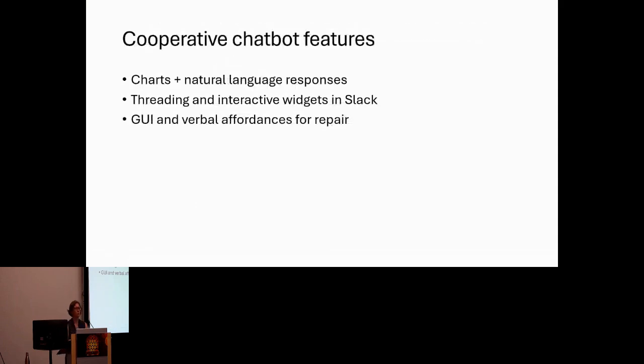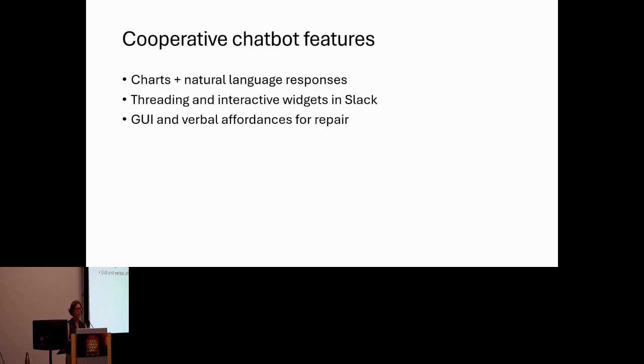All right, so from all of this work, we learned that there were several ways in which we could make chatbots more intelligent and more cooperative through various design attributes that we could add to them.